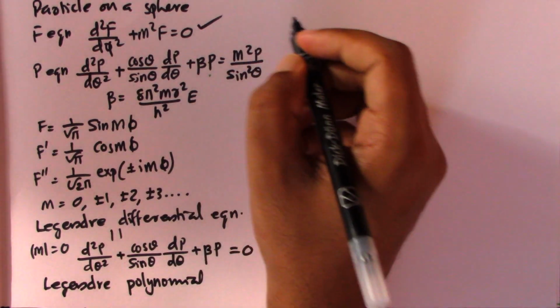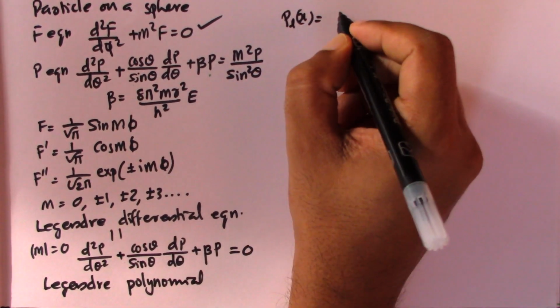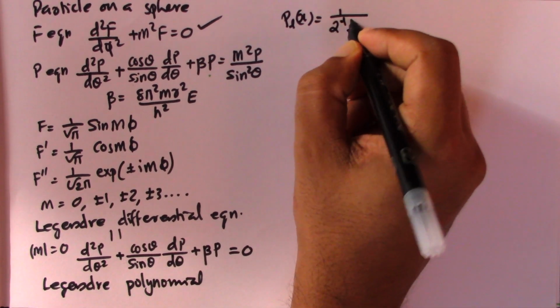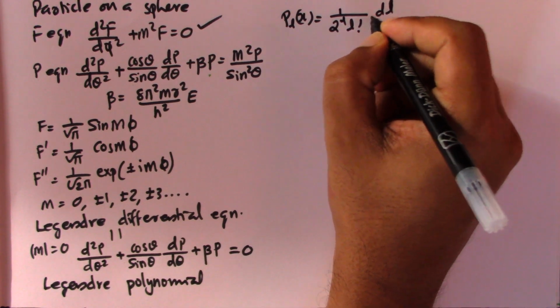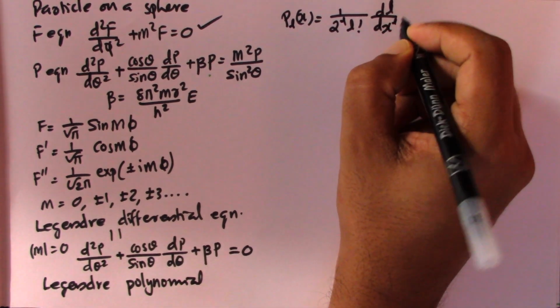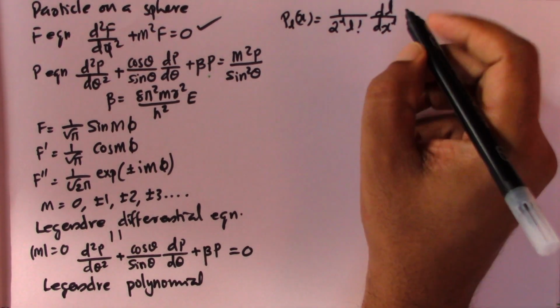And the Legendre polynomial is defined as P_L(x) is equal to 1 divided by 2 raised to L factorial, d raised to L divided by dx raised to L, of x square minus 1, the whole raised to L. This is d raised to L, not dL.